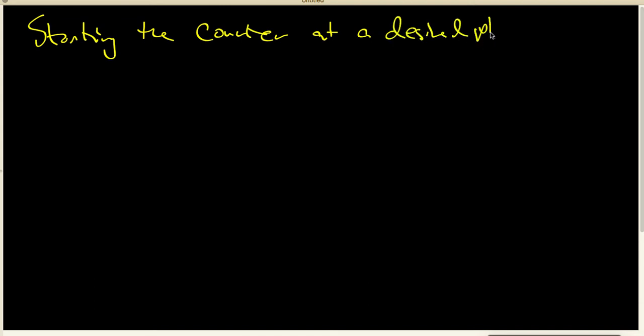And the usual desired place is to start the counter at either 0 or 1. So again, I want to start this out with an example. Let's say I have a sum as k goes from -3 to 4 of just a_k.